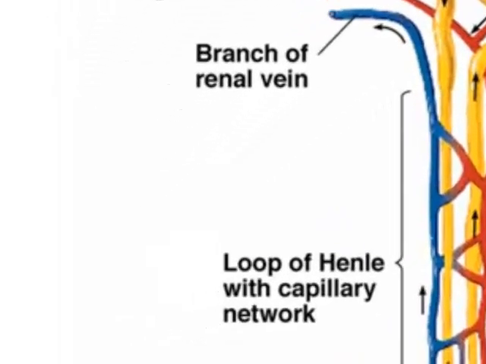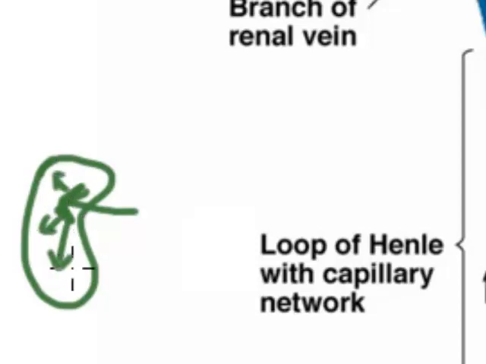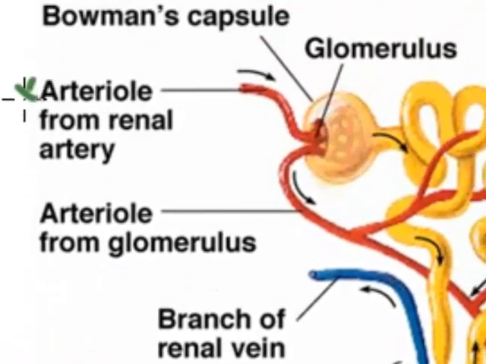Now, we remember that when we saw the kidney, first of all, we saw the large picture of our kidney, renal arteries bringing blood into the kidney. Now, the renal arteries split into many smaller arterioles. Arterioles are just very, very narrow little arteries.